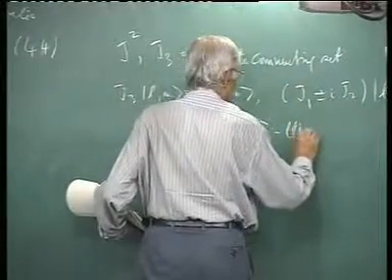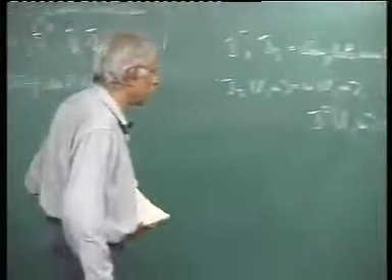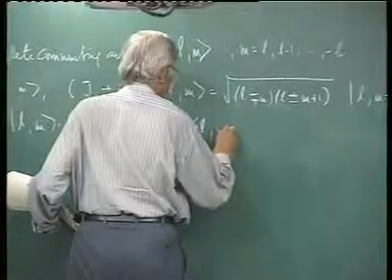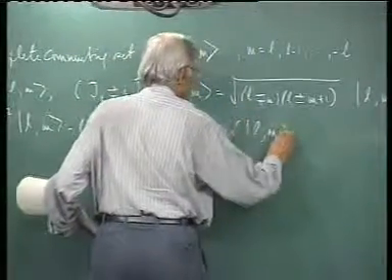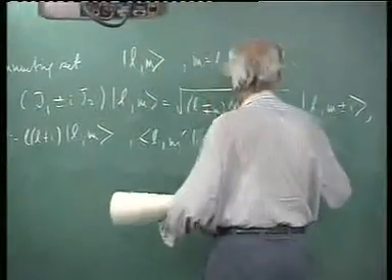The total J squared is a multiple of the unit operator, and the only equation we have to include is that we have here an orthonormal basis.